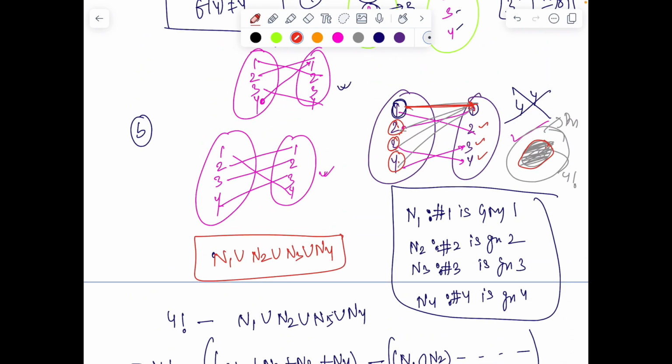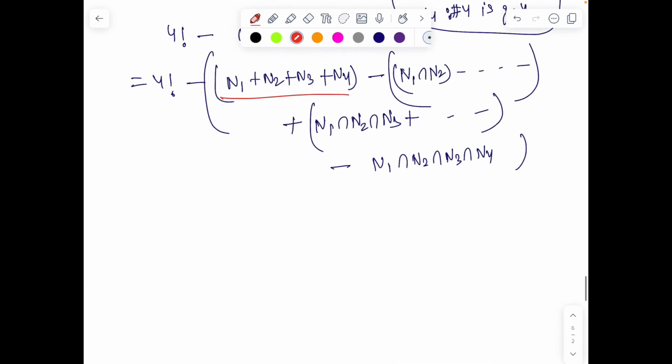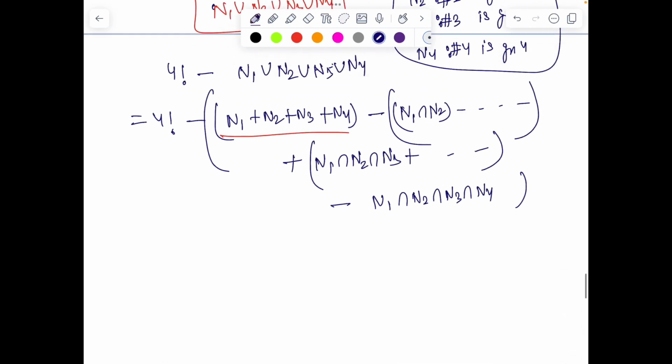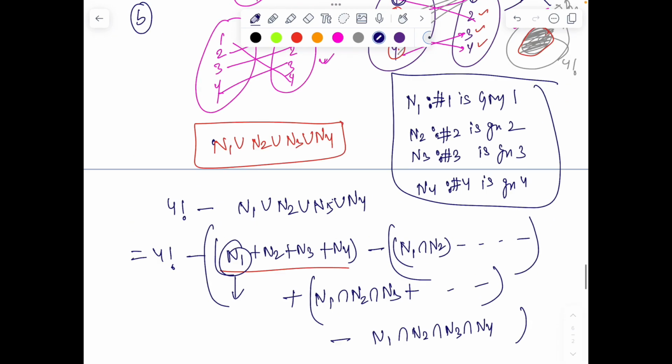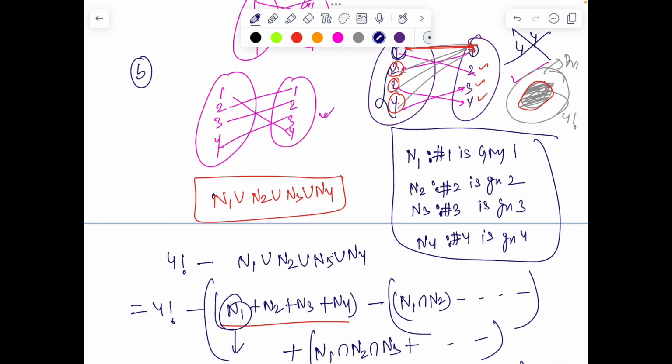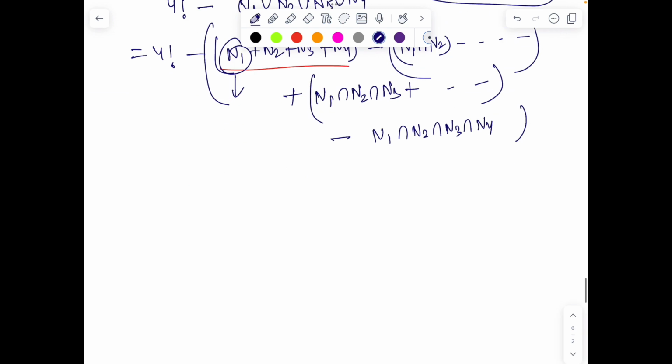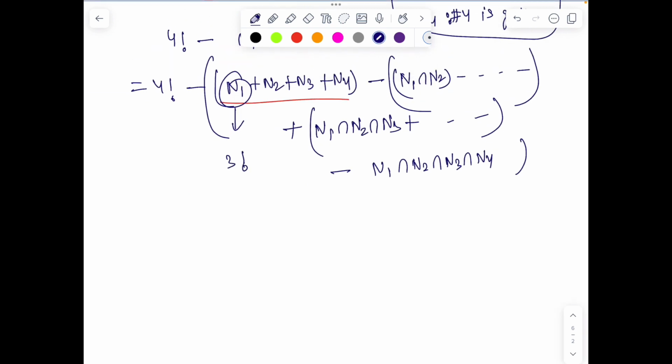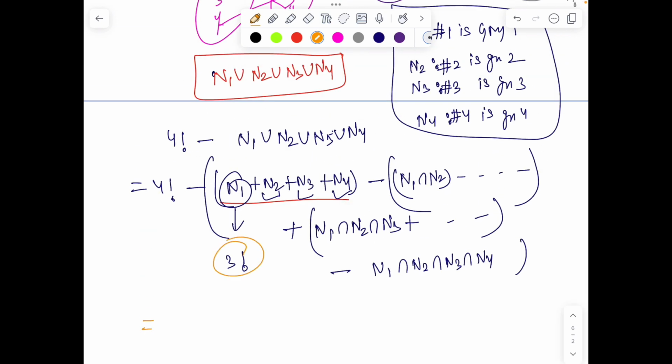Moreover, when 1 goes to 1, it doesn't matter where 2, 3, 4 go. It might happen that 2 is going to 3, 3 is going to 2, or 4 is going to 4. Everything is counted. That is taken care of in the principle of inclusion-exclusion. So the n1 count is very simple. 1 going to 1, so the remaining 2, 3, 4 will have 3 objects, and they can go in 3 factorial ways. Similarly, for n2, n3, n4, by the symmetry of the problem, it will be 3 factorial.